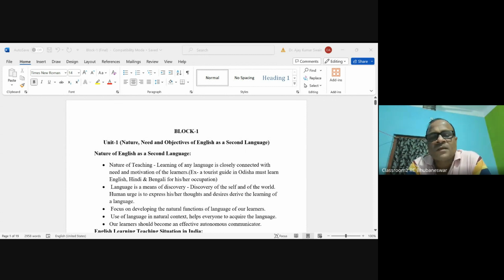Therefore, the child can get scope and opportunity to listen to English from the beginning of his life, like mother tongue. So mother tongue is vividly used, but English is also used in different situations.